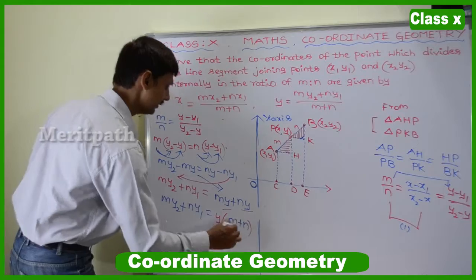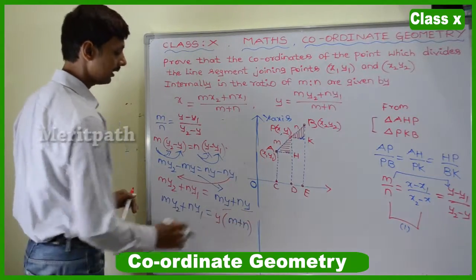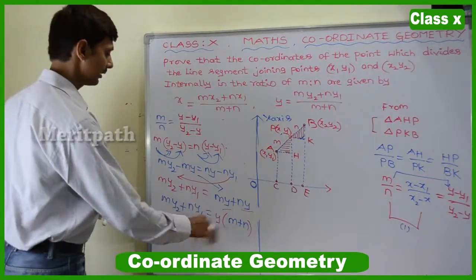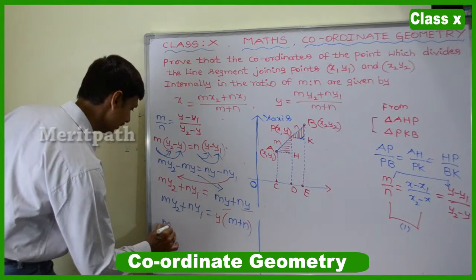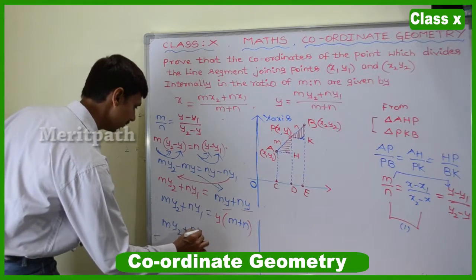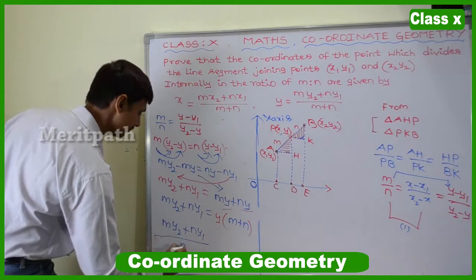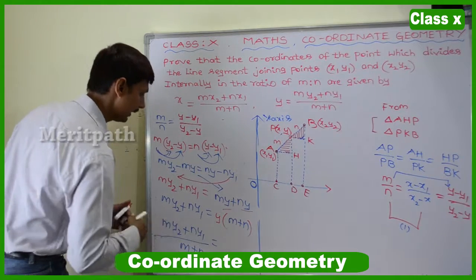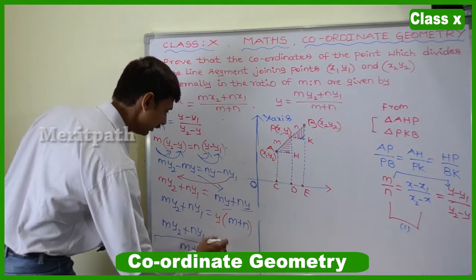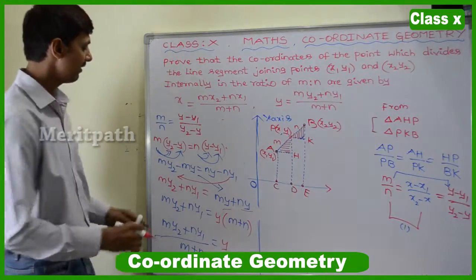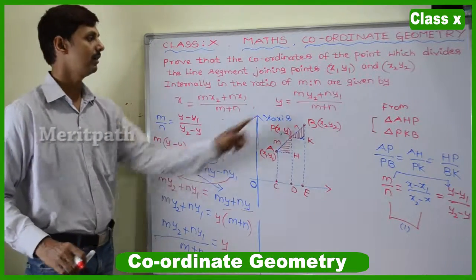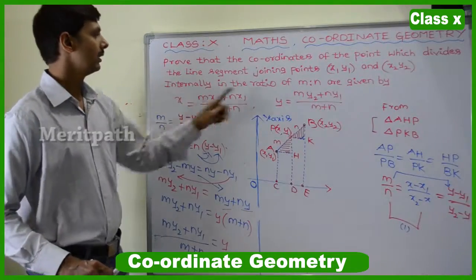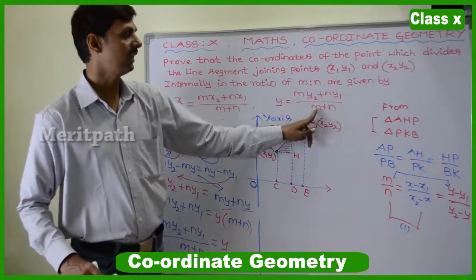Here m plus n and y are in multiplication. Let us transpose m plus n. Then we get my2 plus ny1 divided by m plus n is equal to y. So the value of y is my2 plus ny1 by m plus n.